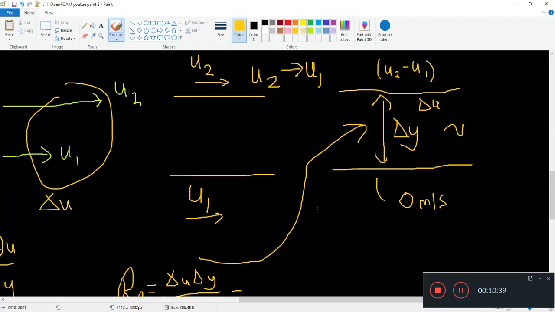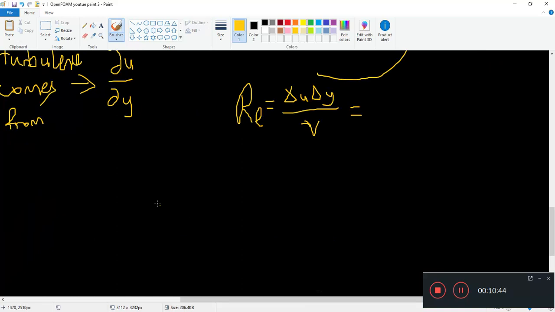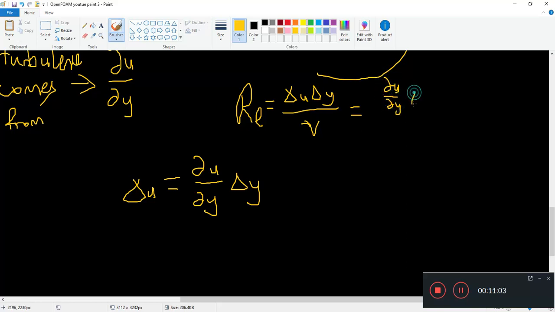And if you remember, last time I was talking about how delta u can be written as du/dy times delta y. So you could just as easily write this as (du/dy) delta y squared over nu.